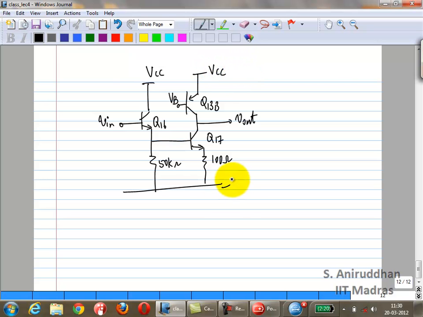This is what we had in the second stage. Correct? What is Q13B? That is at 550 microamp bias current. Remember, we had a split collector. Right? We had 550 microamps, so I have just called it Q13B. Q13A goes to the output stage.